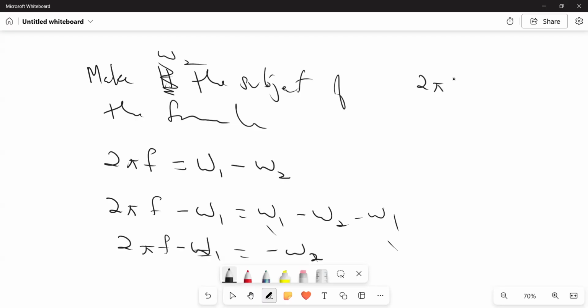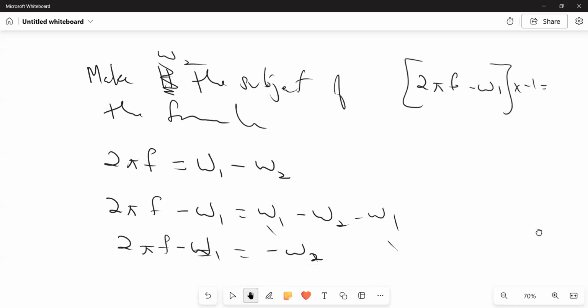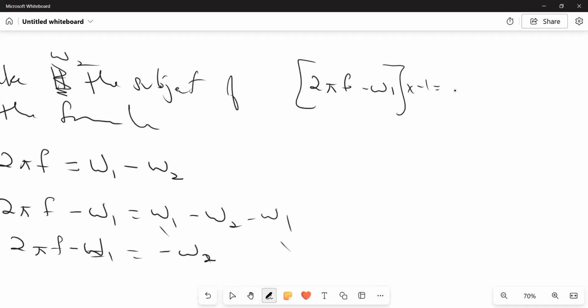So you get 2 pi f minus W1, multiply by minus 1, which is equal to minus W2. So you multiply both sides by -1.